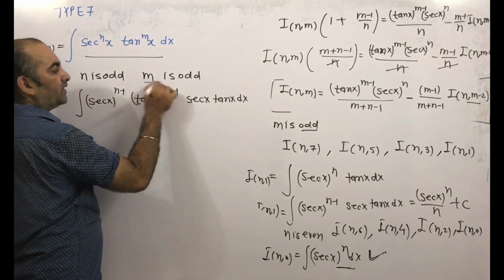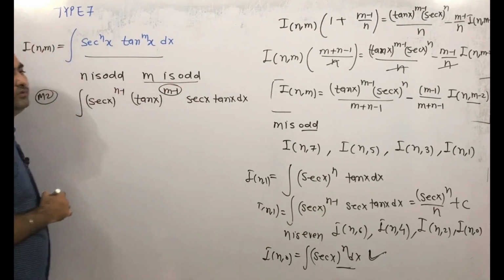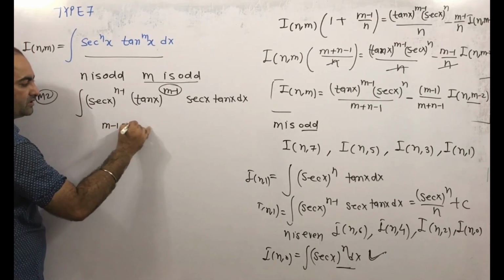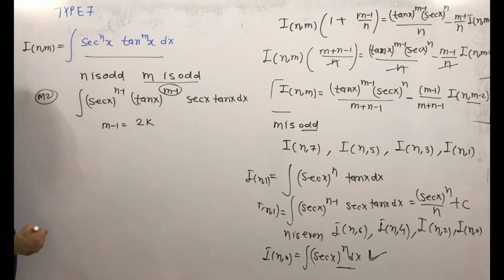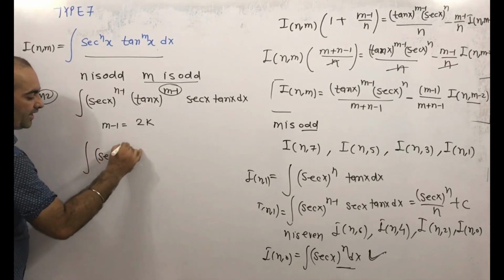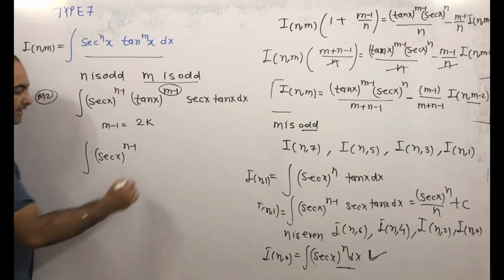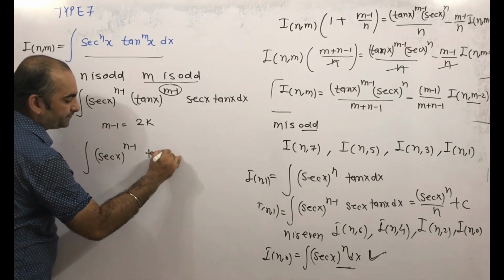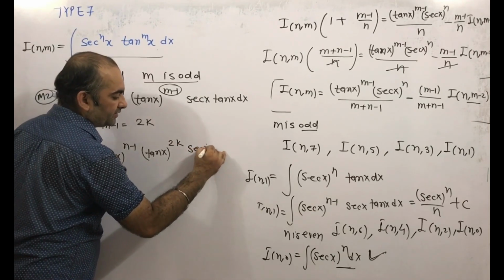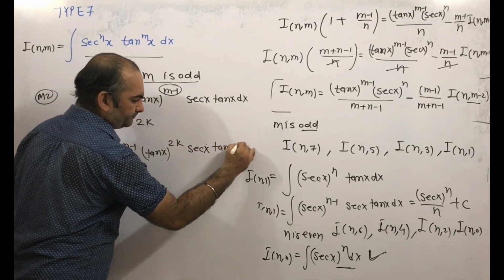You know that m is odd, so m minus 1 is even. So we can say that m minus 1 is, suppose, 2k. So what will come here is the integration of secant x to the power n minus 1, tan x to the power 2k, secant x tan x dx.